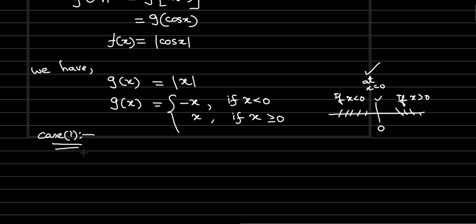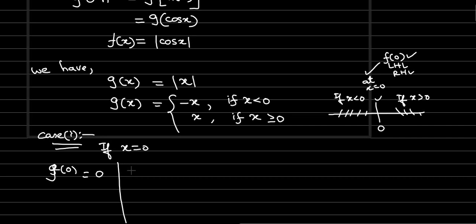Case 1: at x equal to 0. To prove the continuity, we need g(0), left hand limit, and right hand limit. When x takes exactly 0, the suitable function is x, so g(0) will be 0.